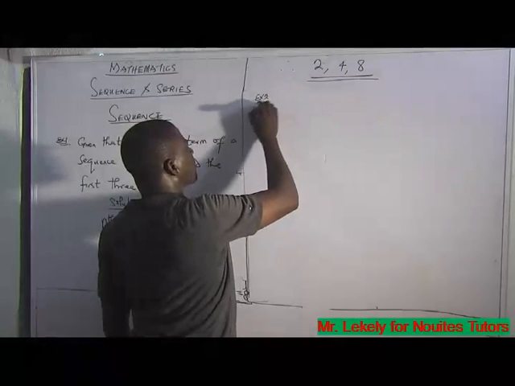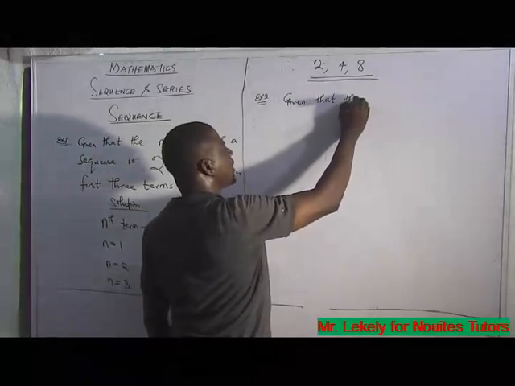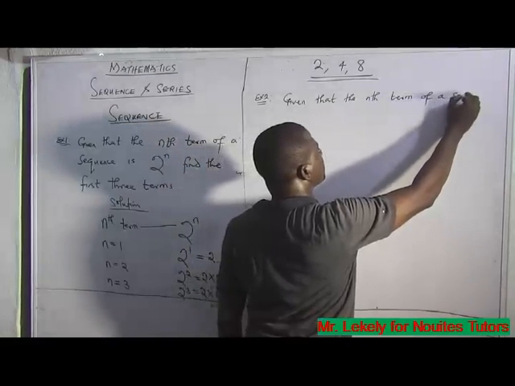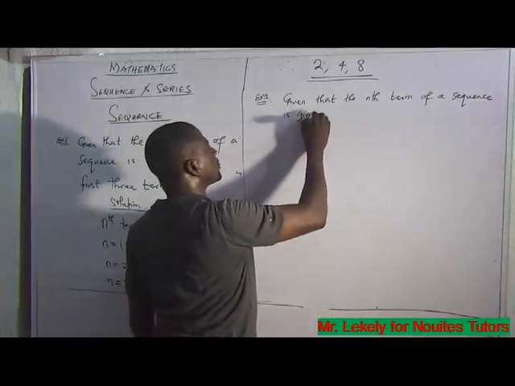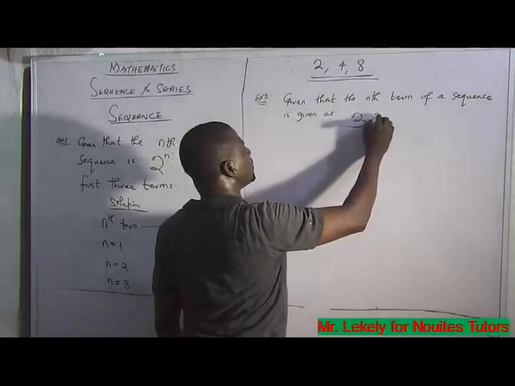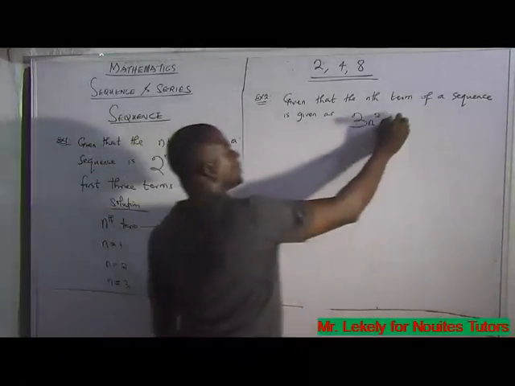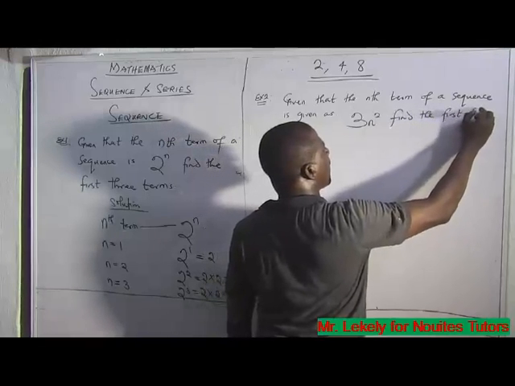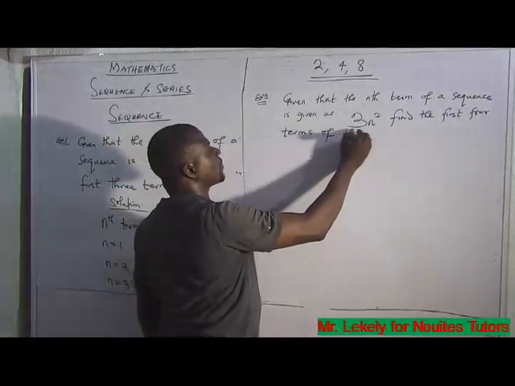Example 2. Given that the nth term of a sequence is given as 3n squared, find the first 4 terms of the sequence.